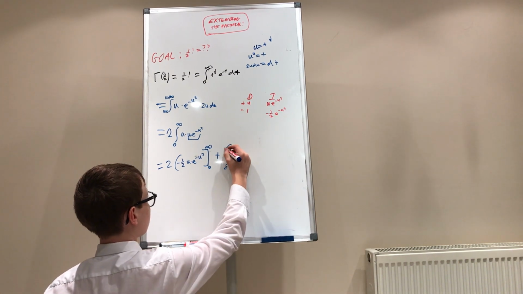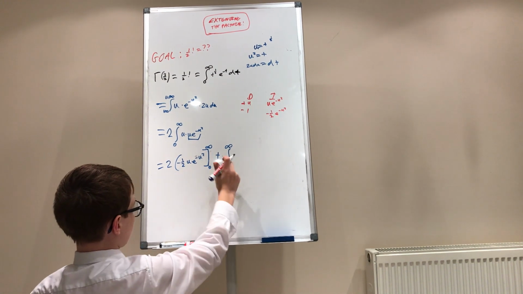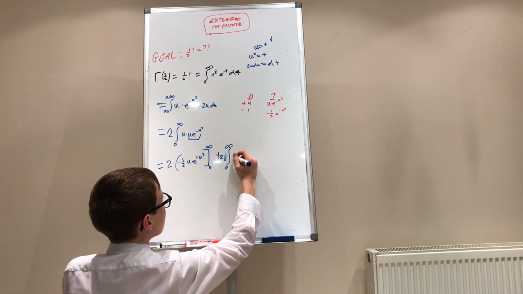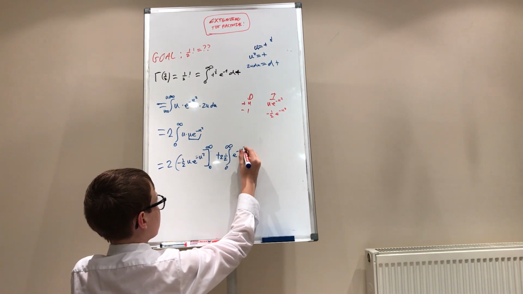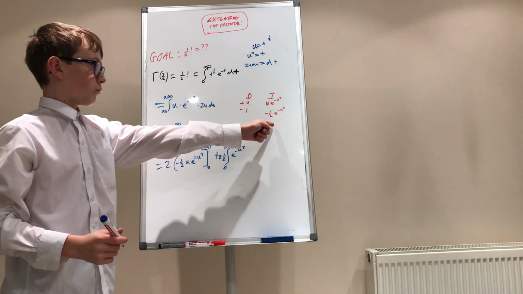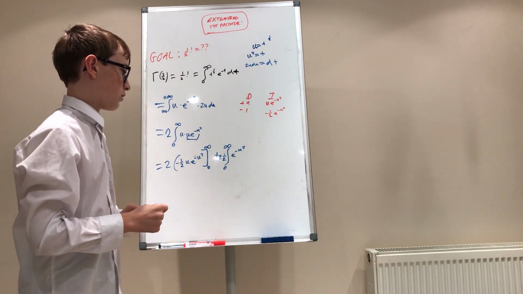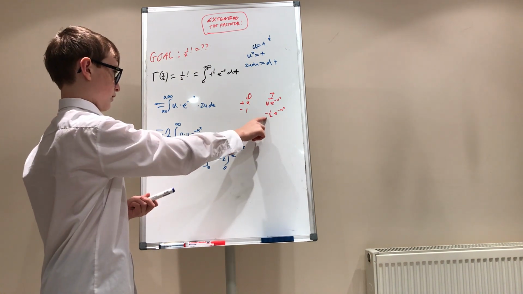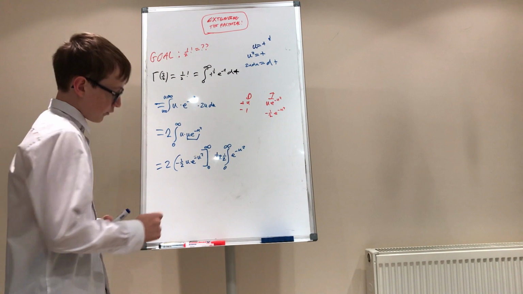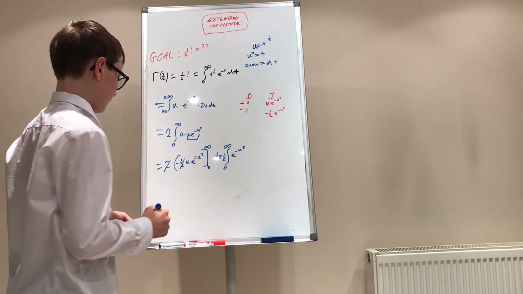The integral between 0 and infinity of, oh yeah, and also distribute the 2, so 2 times 1/2 e to the negative u squared. So what I did here, distributing the 2, bringing the half to the outside, and the negative and the negative become positive.